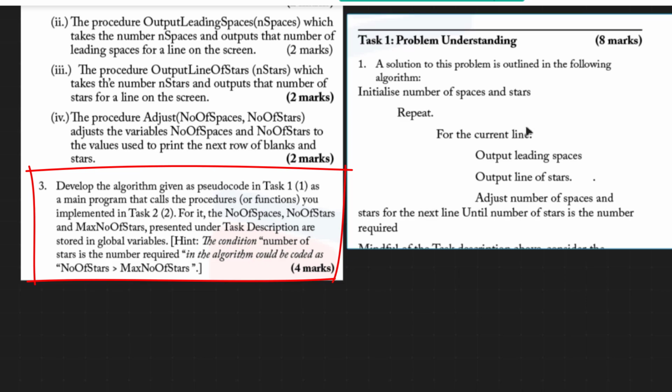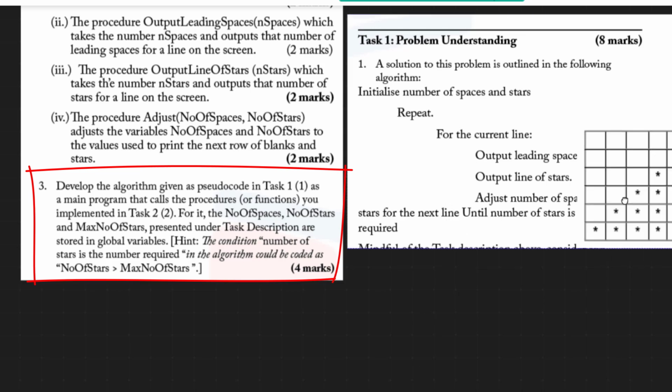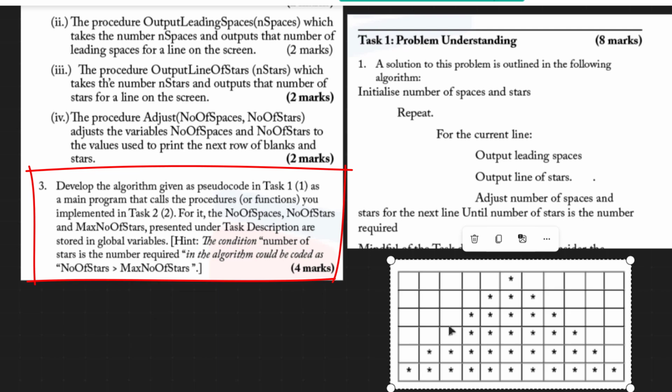So here is the algorithm in task 1. You can see it here, the algorithm in task 1, and here is our pyramid. It says a solution to this problem is outlined in the following algorithm.